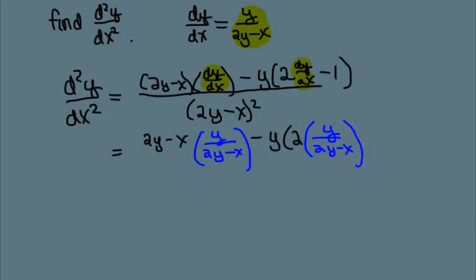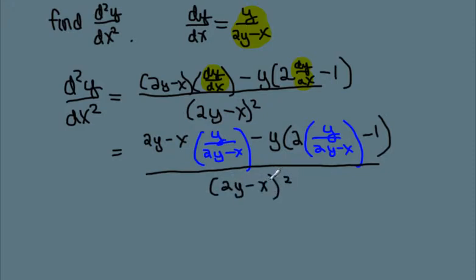Close the parentheses there. And then I've got a minus 1. Close that parenthesis, and this is all over (2y minus x) all squared. Okay, so what happens here is this expression right here would cancel with this expression here. This does not cancel, however.